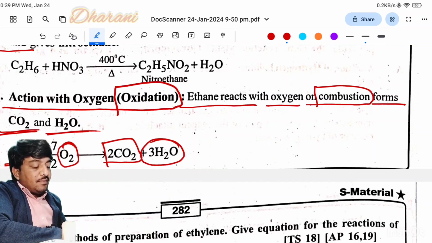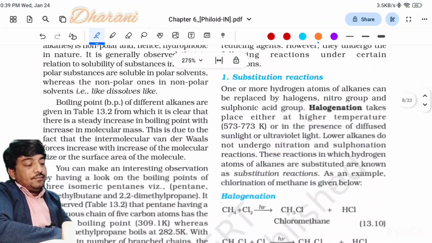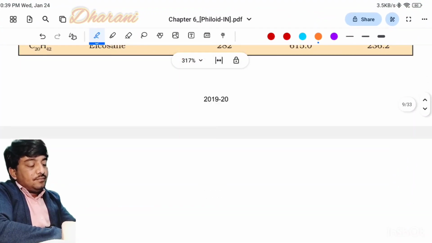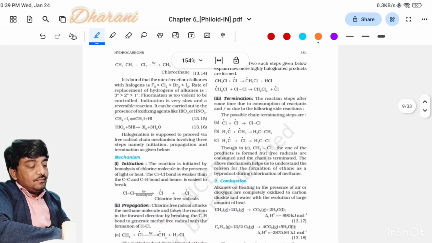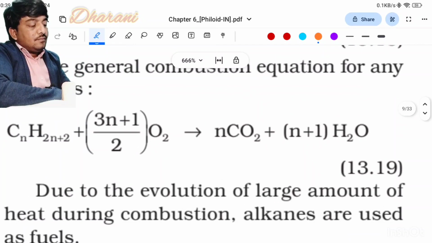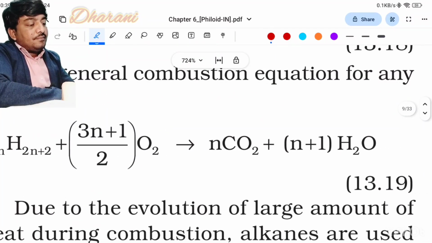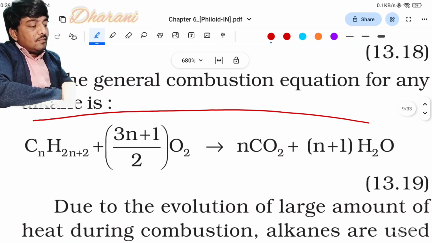I will tell you the combustion formula. Note down this formula, very, very important.